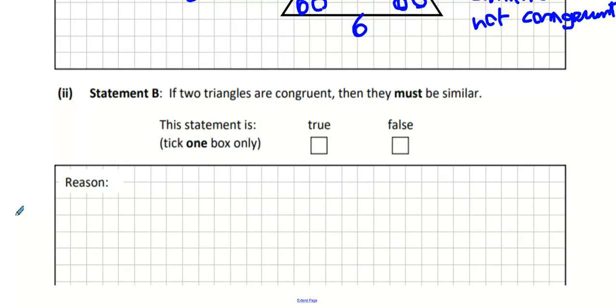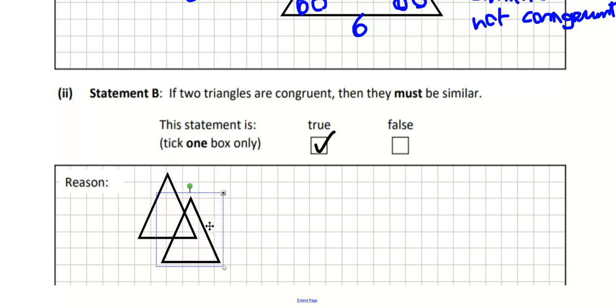Another one. If two triangles are congruent, they must be similar. True or false? Why is it true? So congruent triangles, the angles have to be the same.